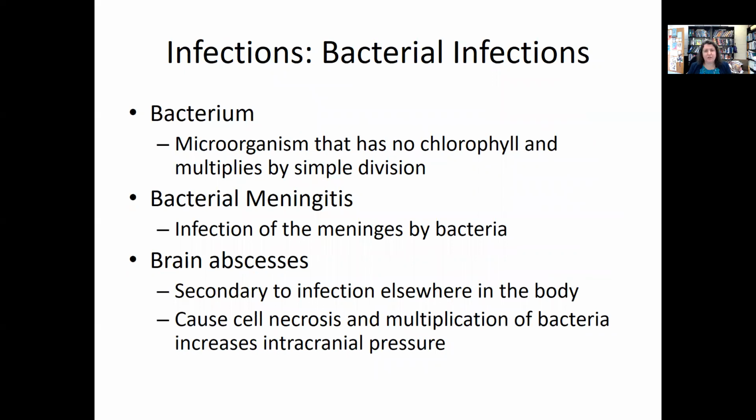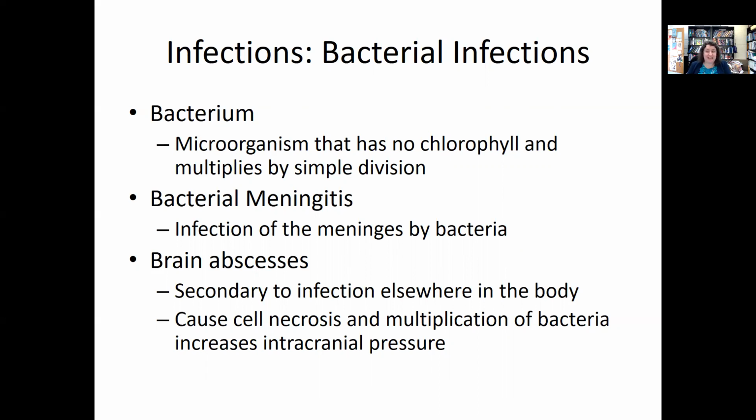You can also get bacterial infections. A bacterium is a microorganism that has no chlorophyll and multiplies by simple division. Bacterial meningitis is one that's really frightening. Often it is fatal if it's not caught right away. And then brain abscesses are secondary to infection somewhere else in the body.